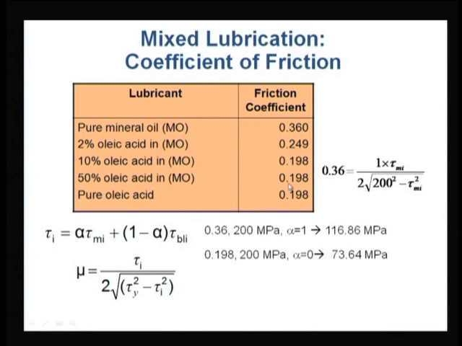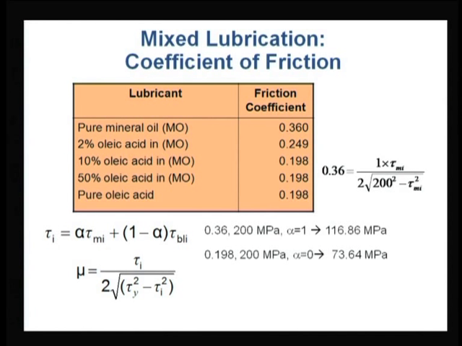Now, we will take another example where we know that the coefficient of friction is not decreasing further. Here it is 0.198, that means all the sites are being occupied by boundary additives. That is why the coefficient of friction is not varying after that. When all the sites have been occupied by boundary additives, there is no further empty site available. In that case, I can assume that alpha is 0, the whole surface being occupied by boundary additives.